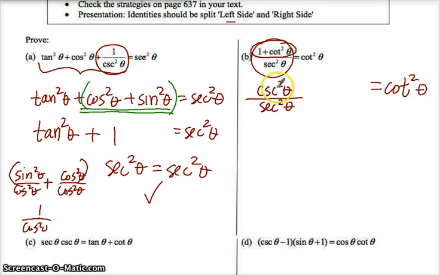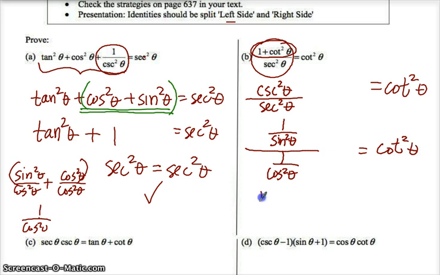Now these are both reciprocal functions. Cosecant squared is 1 over sine squared, and secant squared is 1 over cosine squared. Some of you might have just combined these steps, and you could have multiplied by the reciprocal of the denominator.